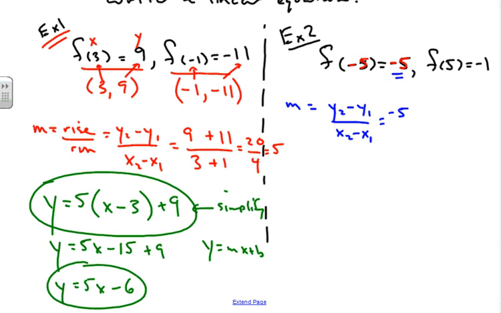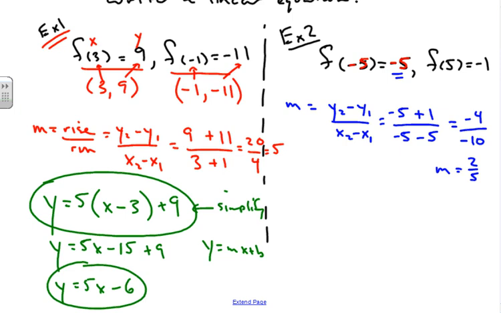And the reason why I'm doing that is because it's the first one. Minus my -1. All right. And then it's going to turn to +1. -5 minus 5. We have -4 over, wait, actually this will work out, -10. Simplify, and this turns into 2/5. All right. So we have a slope of 2/5.